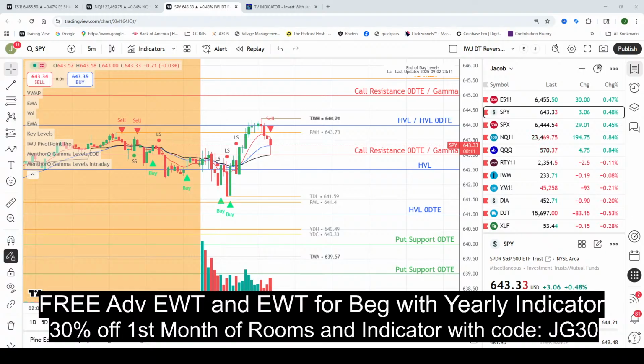So 11 cents. So 36 cents today will be our win, regardless, minimum win. And 36 cents is $1,800. So that's a great day. You do that every day, that's almost 10,000 a week. It's 9,000 a week.